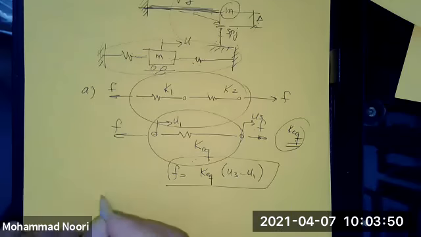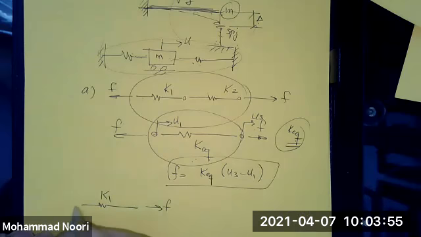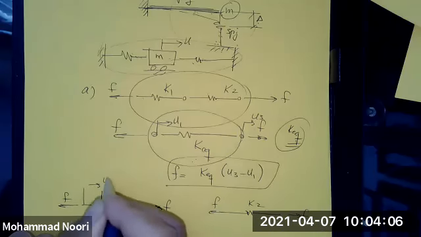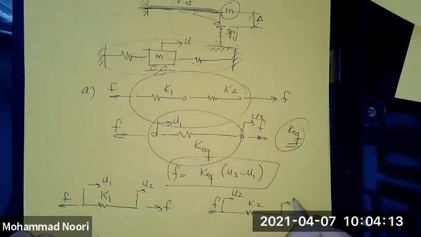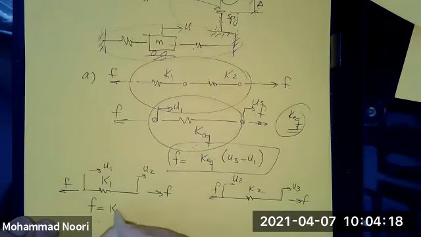Now look at each one of these two springs. K1 is subjected to the same force as K2 is subjected to, right? But because the stiffnesses are different, the springs experience different deformation. In other words, for this spring the displacement would be U2 minus U1, and this one would be K2 times U3 minus U2.